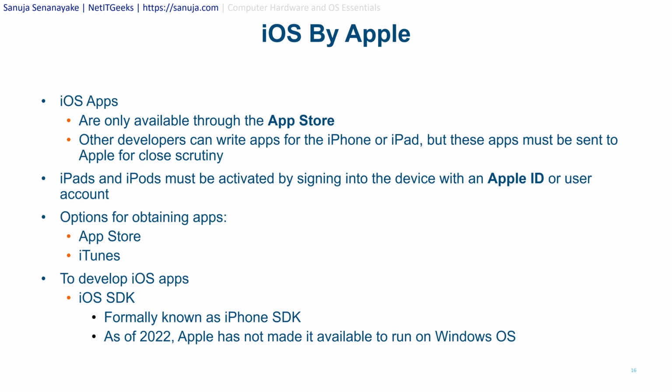So if you were to develop an iOS app on your Windows machine, you may have to run Apple operating system on a virtual box or a virtual machine that would allow you to run the iOS SDK. Otherwise, you won't be able to directly install the iOS SDK onto your Windows operating system.